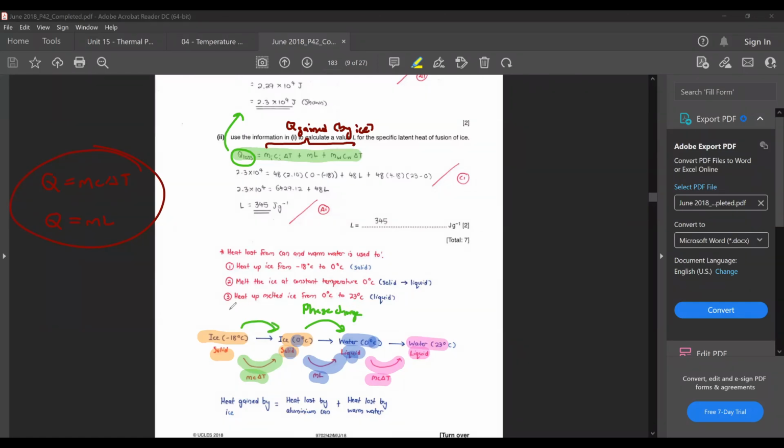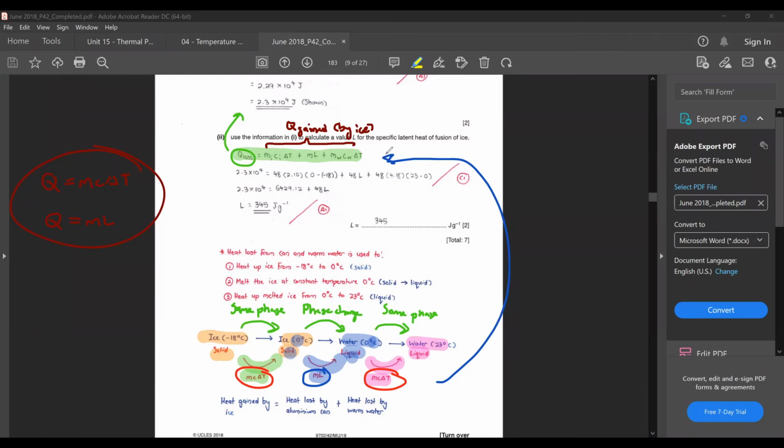Here to here, no phase change. Maybe I'll just say same phase, so that it's easier to see. This one is same phase, and this one is also same phase. For temperature changes within the same phase, you use MC delta T. But for phase change at constant temperature, here at the melting point, you use ML. That's what you're seeing right over here.